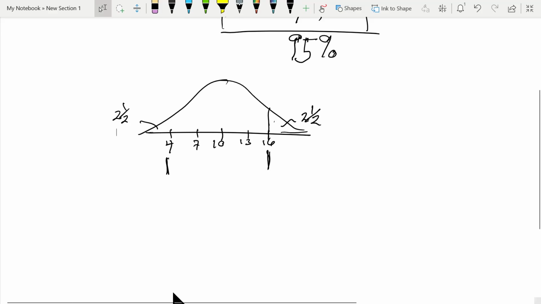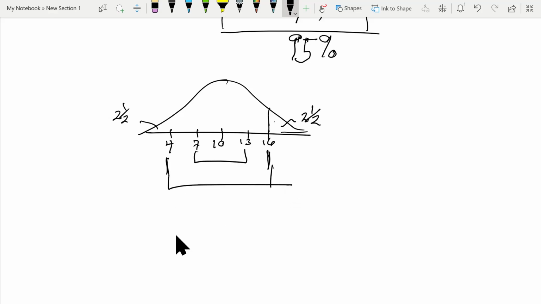What's the chance that it's less than 7? You only need 2 numbers now. We've got 68 here and 95 there. What's the chance that it's less than 7? And if you want, make it less than 7 or greater than 13. Here or there.